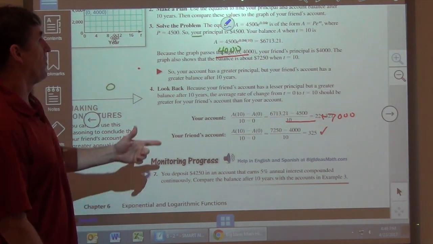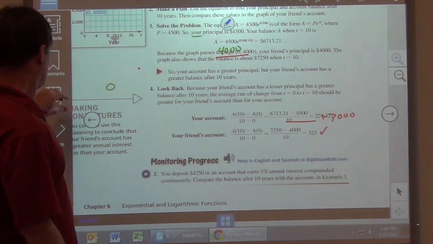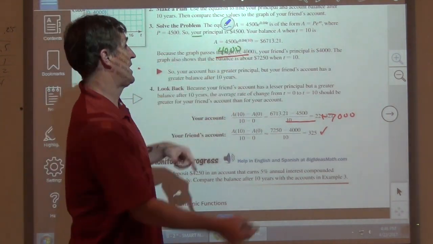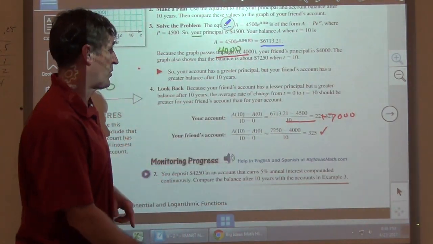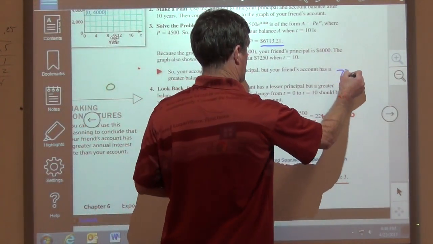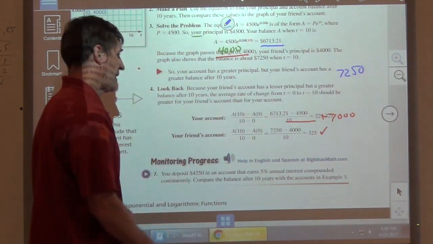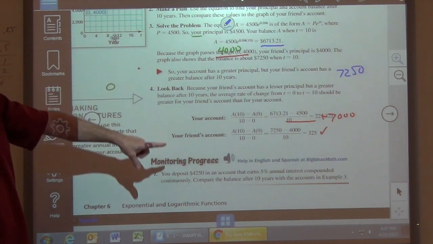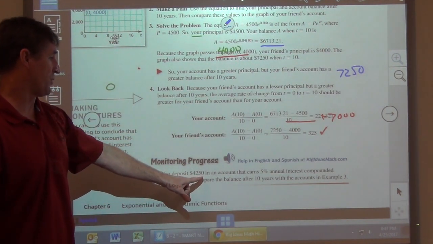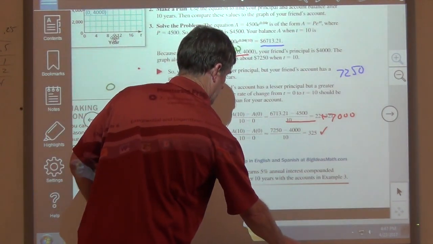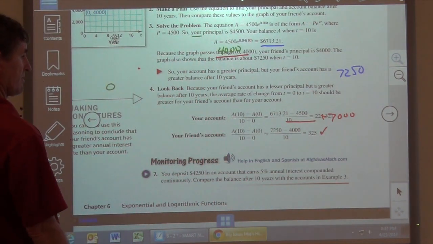So now they want to compare with your 4,500 that became $6,713.21, and your friend's account, which we're saying has 7,250. We want to see what happens if you deposit 4,250 and get 5% interest for 10 years.